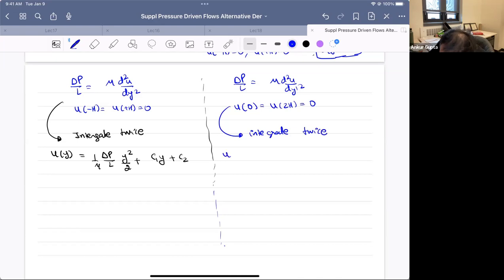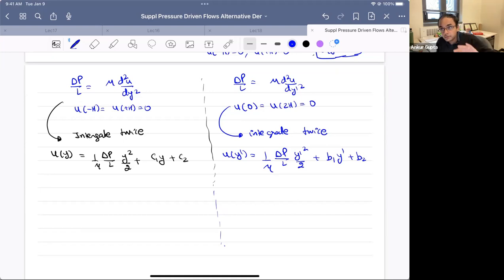I will get u of y prime is equal to delta p by L into y prime square by 2 into 1 by mu, plus, let's not call it c1, let's call it b1, just some constant b1 y prime plus b2, which is what I'll get. Okay, so this is just integrating this, and we did this in class, so it's the same thing. And please do try this, and if there is confusion, do feel free to ask us.